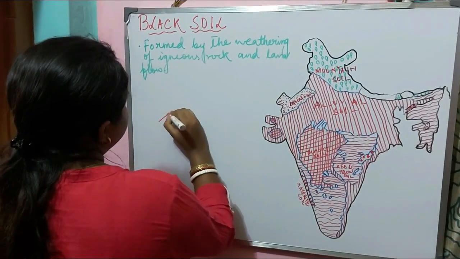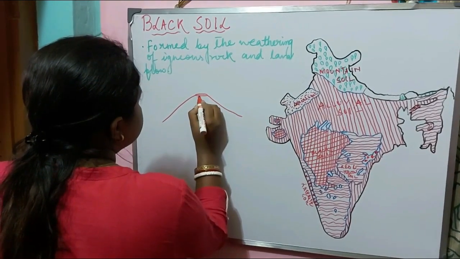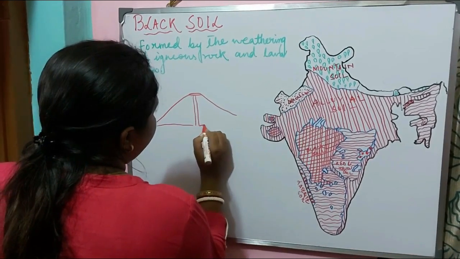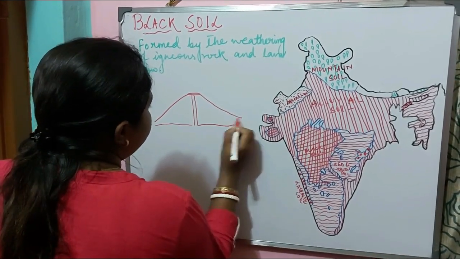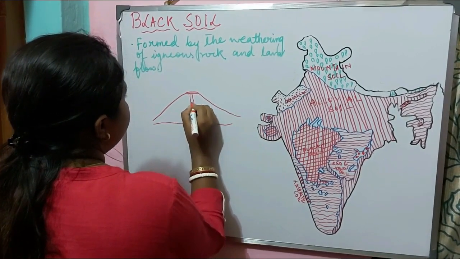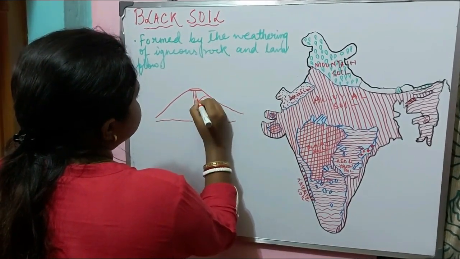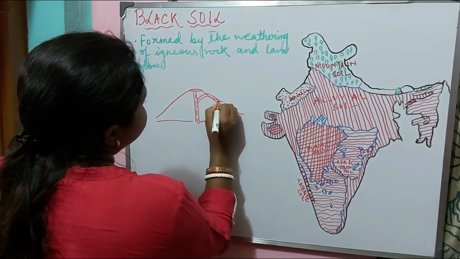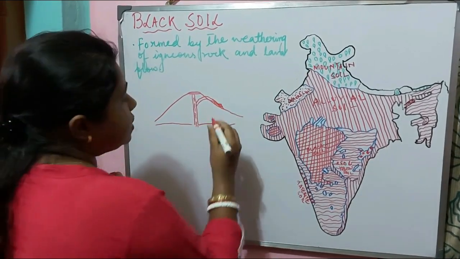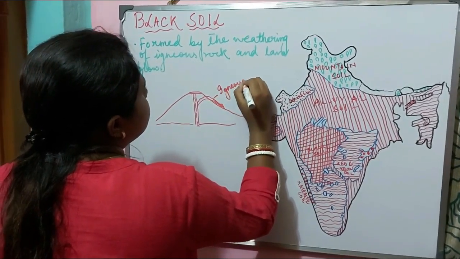What happens when the lava comes out from the magma chamber? As we know, due to convection currents, the magma rises up and it comes out in the form of lava. This lava cools down and forms igneous rock.